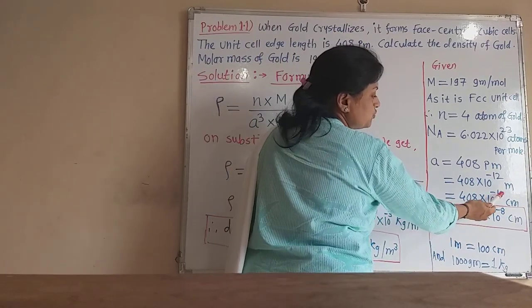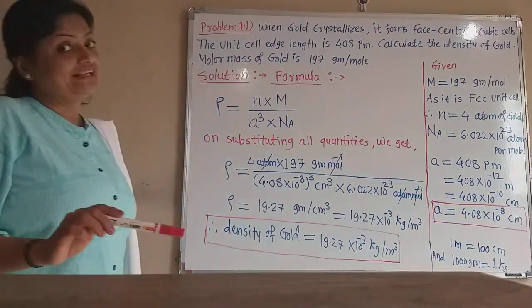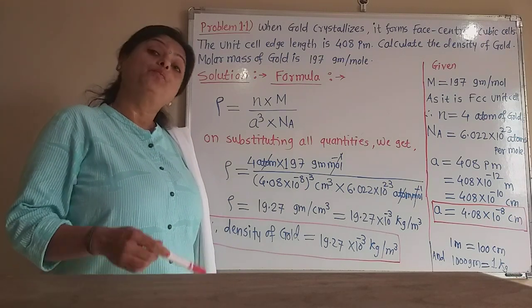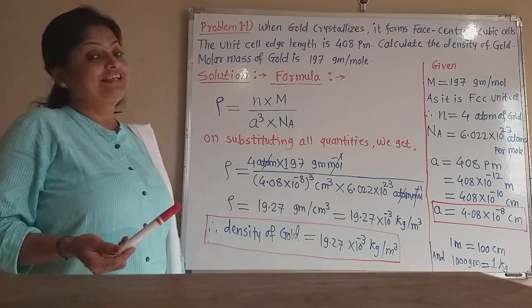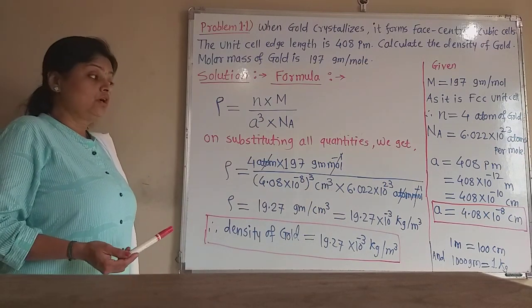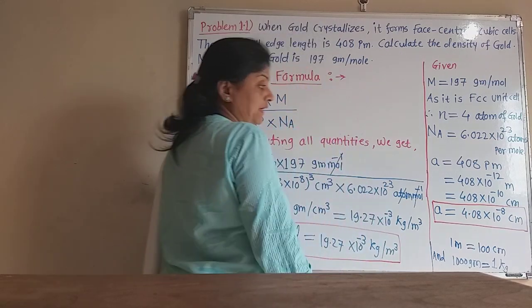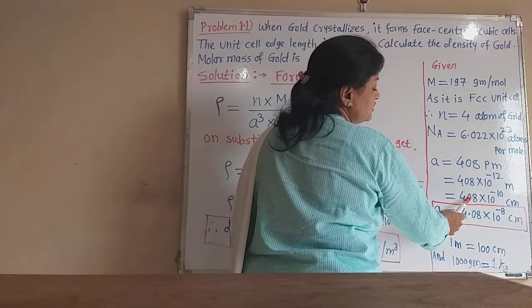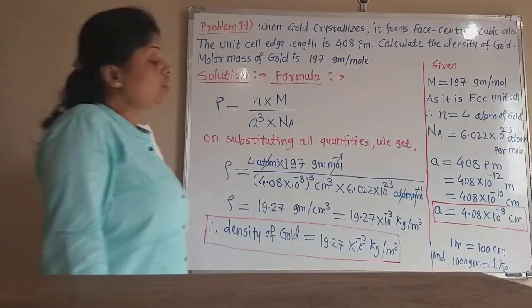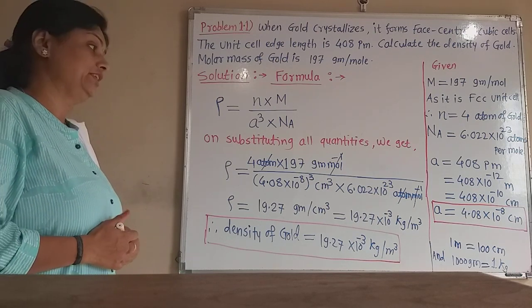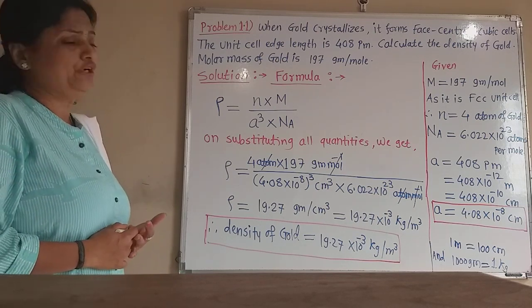Then this 10 raised to minus 10 becomes 10 raised to minus 8. Remember that 10 raised to minus 8 is more than 10 raised to minus 10. So we again multiply by 100, and the point comes here. So a is equal to 4.08 into 10 raised to minus 8 centimeter. For our convenience, we do that.